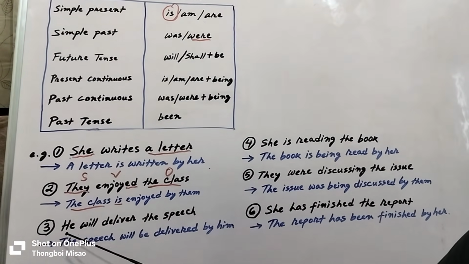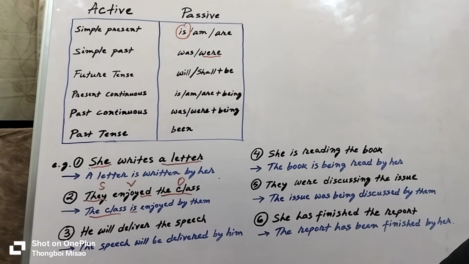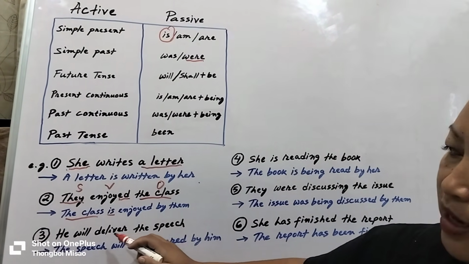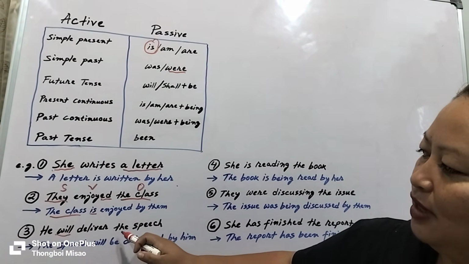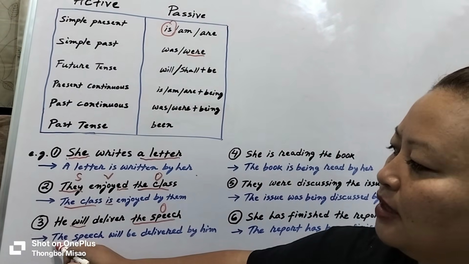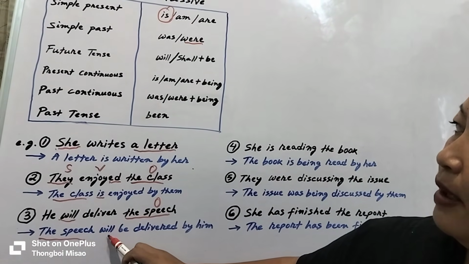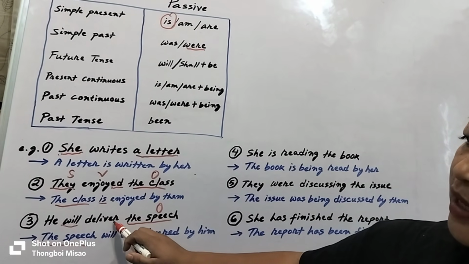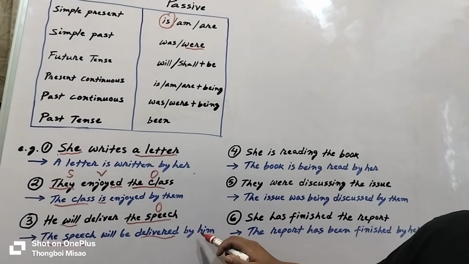For example, he will deliver the speech is a future tense sentence. In the passive voice, the object comes in as the subject: the speech will be delivered, using the third participle of deliver, by him.